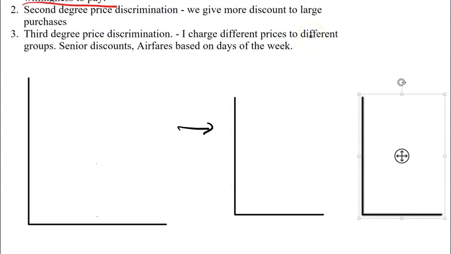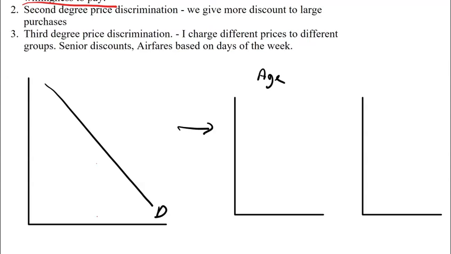So instead of having one large market, maybe this is a movie theater and this is for people age 65 plus, and this is for people below 65.